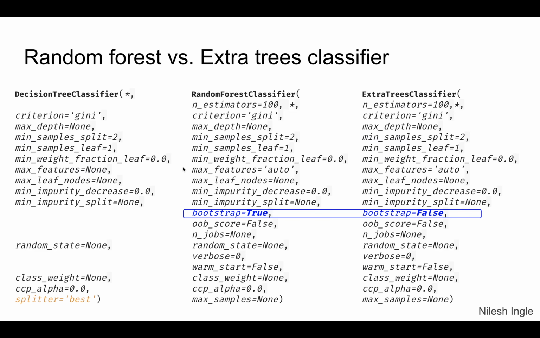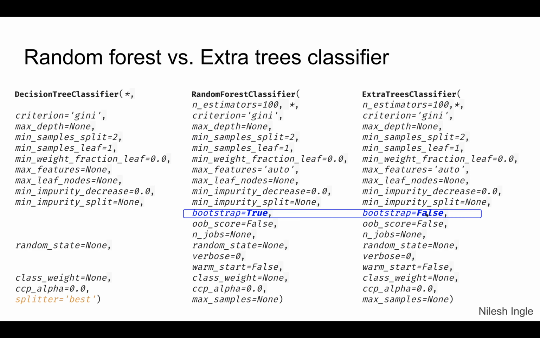Here is a comparison of the parameters that can be input to each of these classes: random forest classifier, extra trees classifier, and decision tree classifier. So here, both random forest and extra trees classifier do have the bootstrap option available, but in extra trees classifier that is set to false.